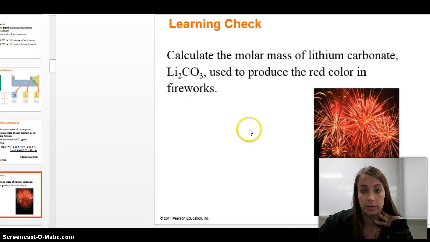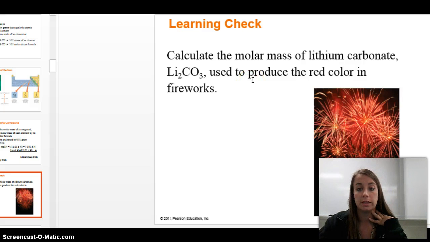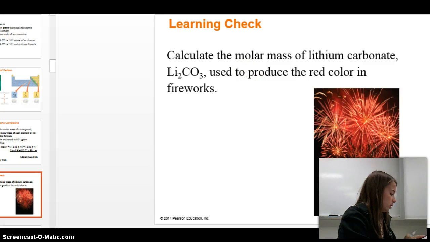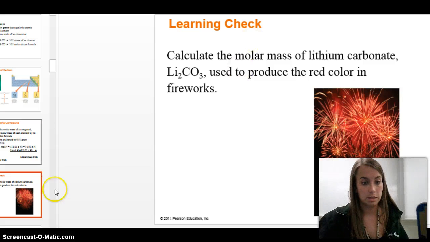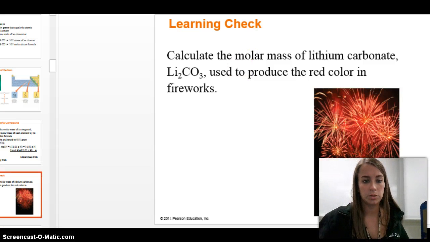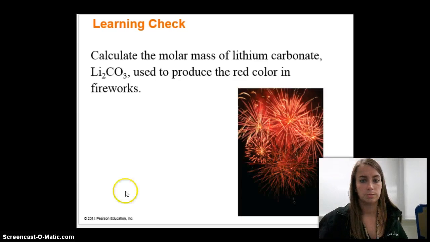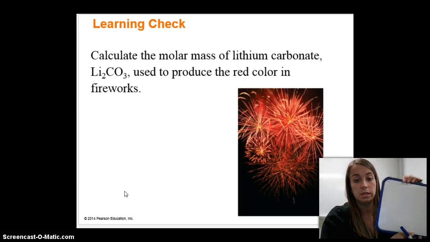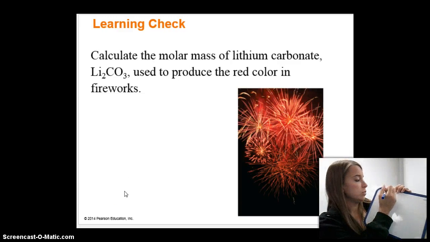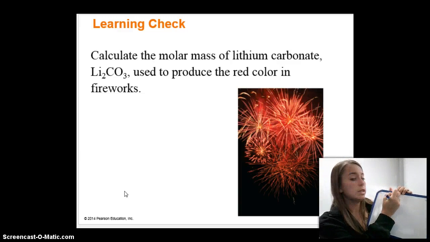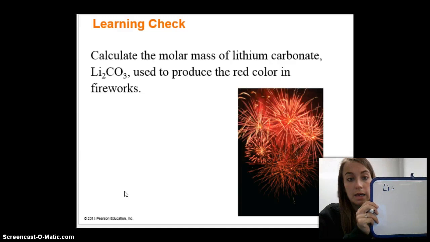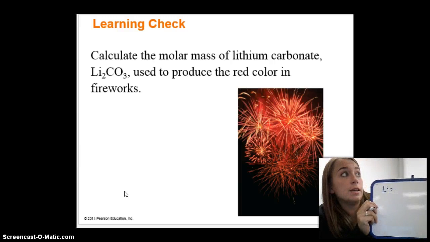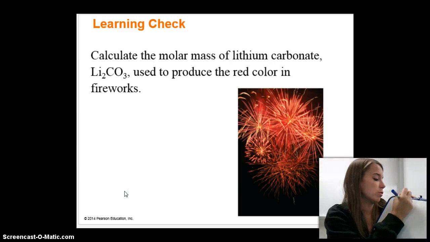All right, so let's try one of these. Calculate the molar mass of lithium carbonate, so Li2CO3. I'm going to show you how to do this one. Li2CO3 means we have 2 lithiums. Lithium has a molar mass, looking at my periodic table, of 6.941.